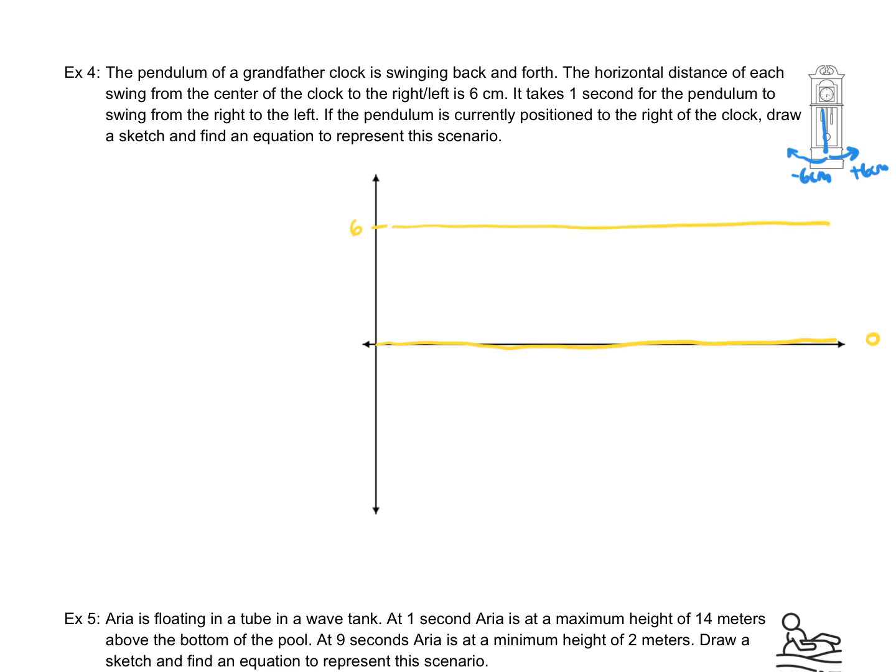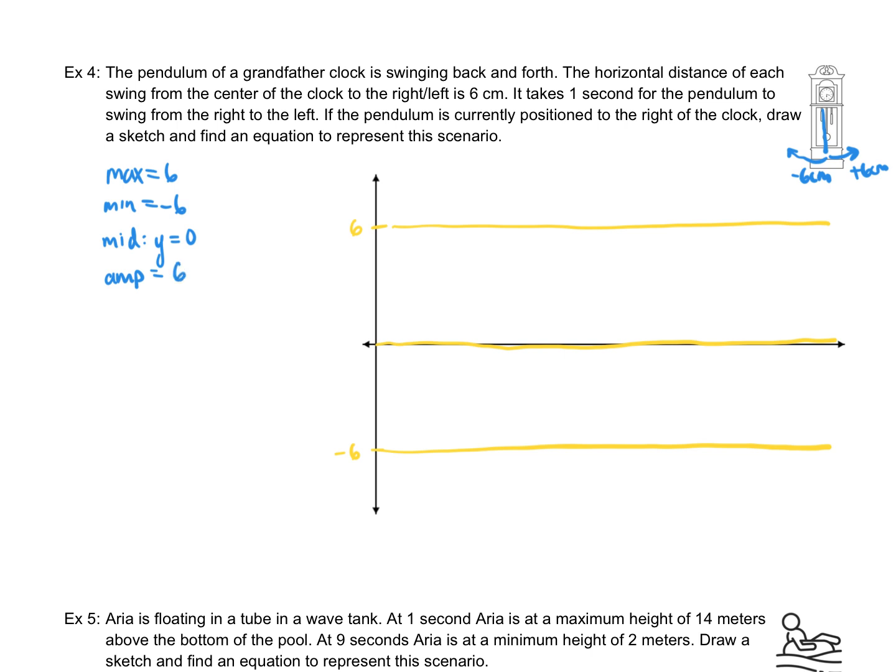And we go to the left 6 centimeters, so that should be -6 for our minimum. So I'm going to write that information down as well. Max is 6, min is -6, which means our midline is y equals 0, and our amplitude, well, the distance from 0 to 6 is 6.